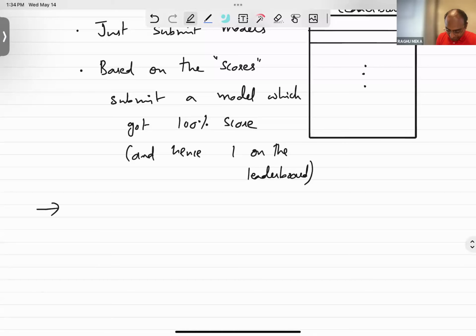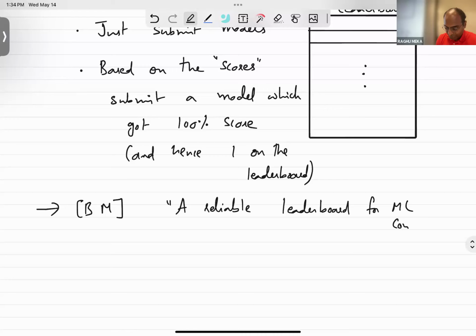Okay. And so to mitigate this, there was a very nice paper by Blum and Hardt, called a reliable leaderboard for ML competitions. And they once again used ideas from differential privacy to prevent people from reverse engineering the leaderboard rank.